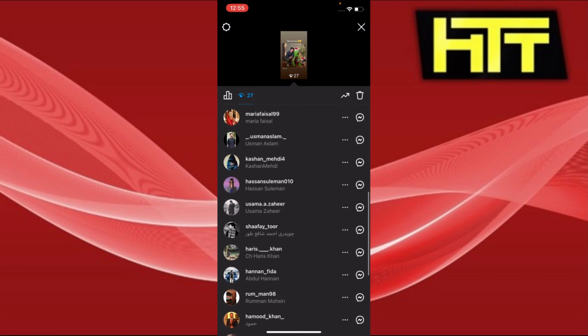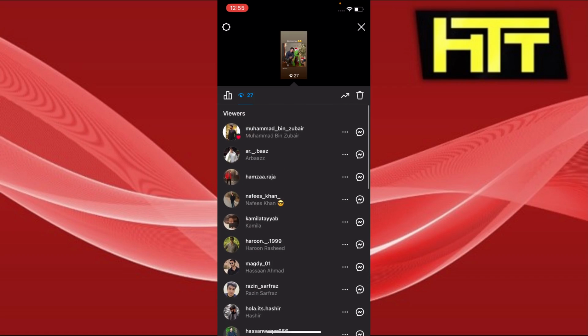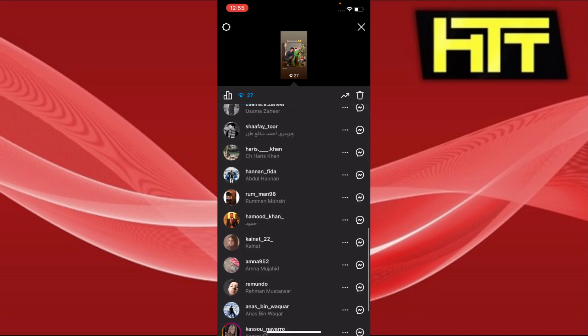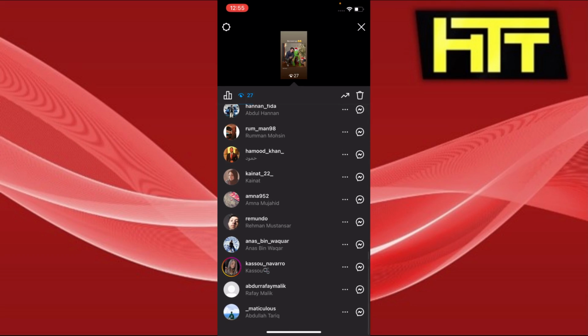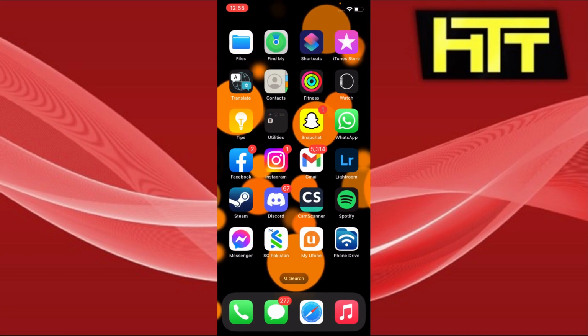After 48 hours they will expire, so you must check before 48 hours. That is also one way. If you compare the screenshots, you can see who the new person is, and you can know who possibly your stalker was.